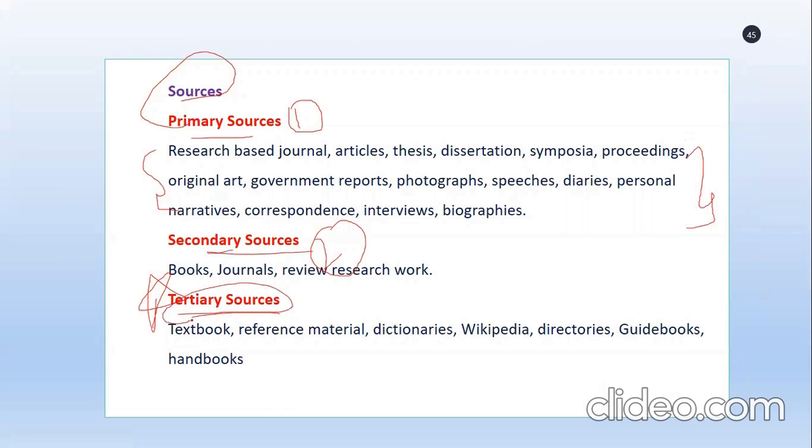Normally, tertiary sources are not authored by anyone. They are textbooks, reference material, dictionaries, Wikipedia, directories, guidebooks, or handbooks, and they are available for your further references and research. So these are the types of sources, and one question is expected from this topic.